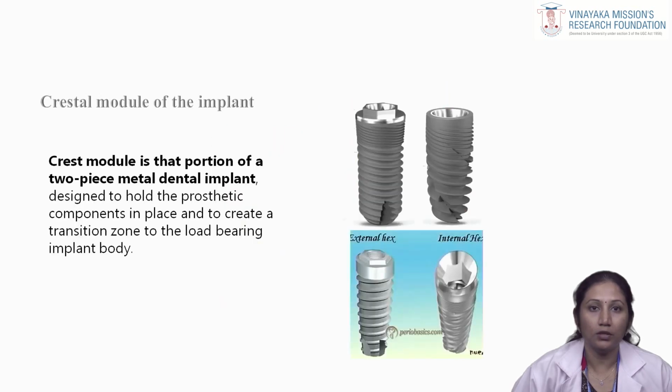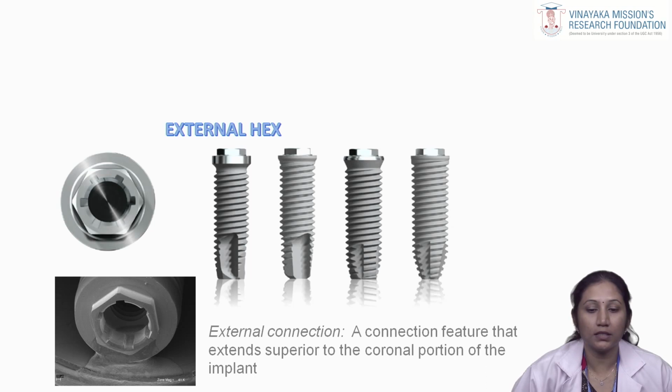The implant module comes with two types of connections. They are the external connection and the internal connection. They offer physical resistance to the axial occlusal forces. Coming to the external connections, these are connections which are present superior or external to the surface of the implant. This particular connection has lots of disadvantages, so nowadays these kinds of connections are not being used.